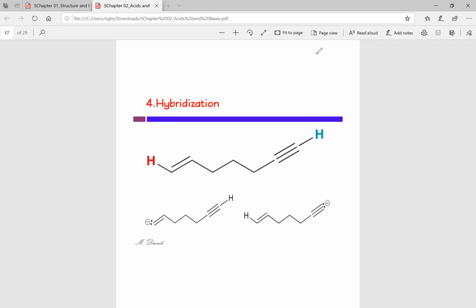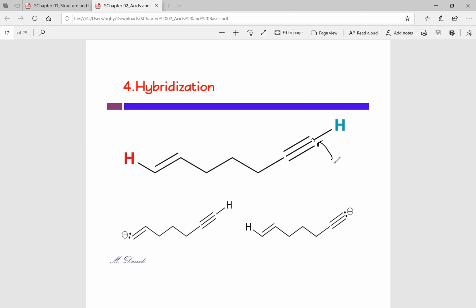So in this example here, we can see that this carbon here is an sp hybridized carbon. And we know that because it only has 2 electron groups around it.